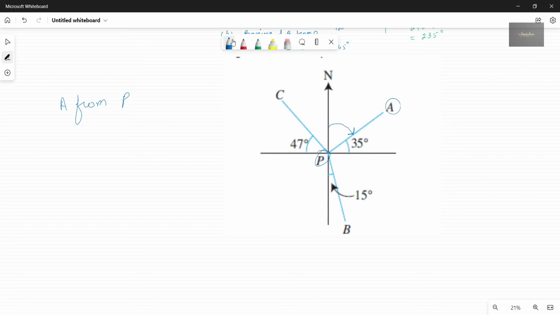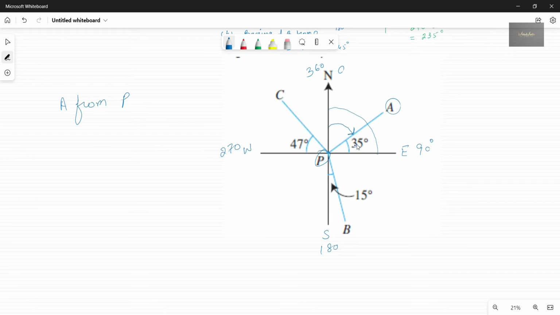Right, who's going to tell me what we need to find here and how can we find it? Always label your axis. This is east, this is south, this is west, okay, and at north we have 0 degree, at east we have 90 degree. Once you are used to it, you can skip this. This is 270 and this is 360, right? Now because I need to start from line of north till line PA, so I will subtract this 35 from 90, because I know if I make a complete turn till east it will be a 90 degree turn, right?